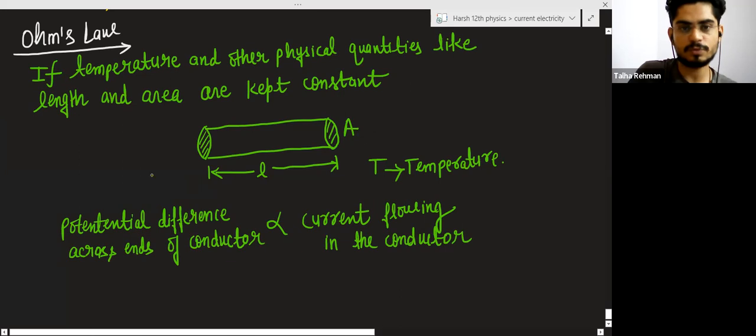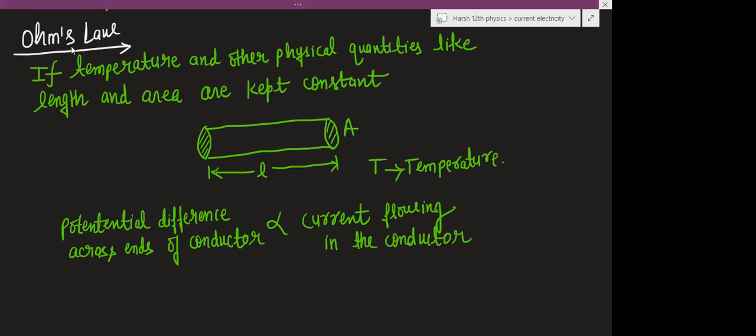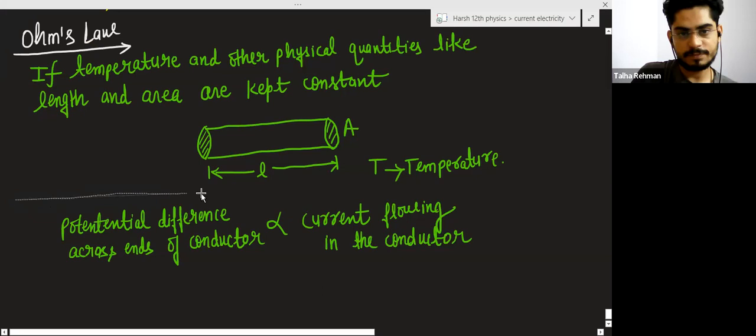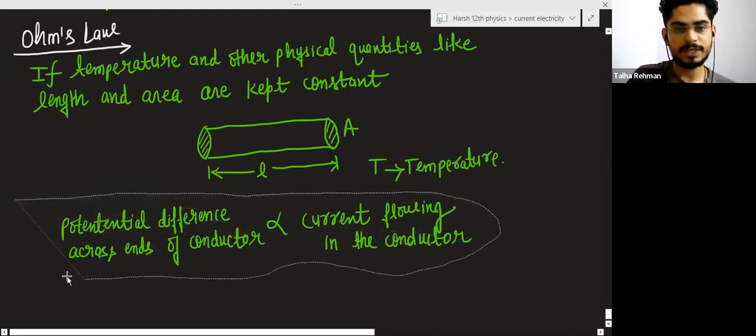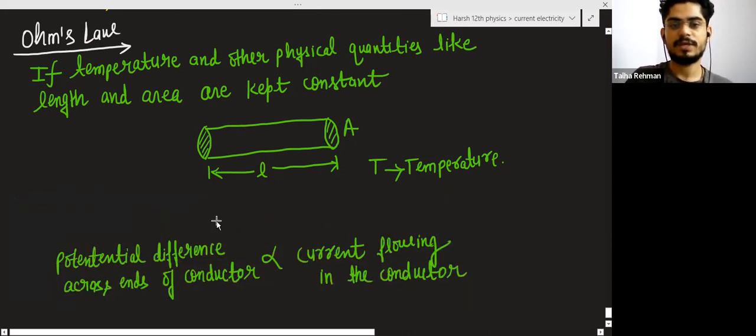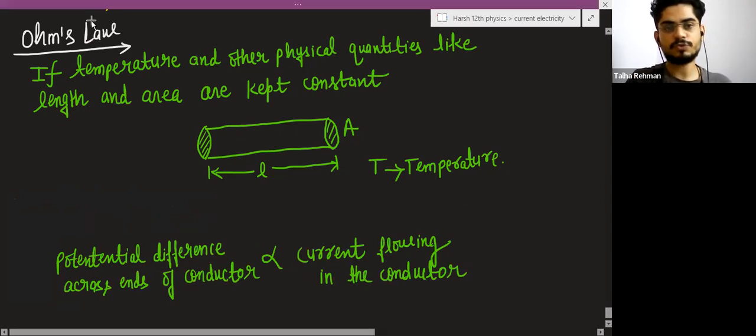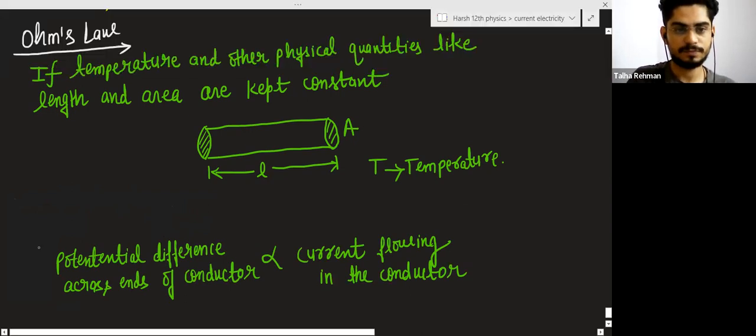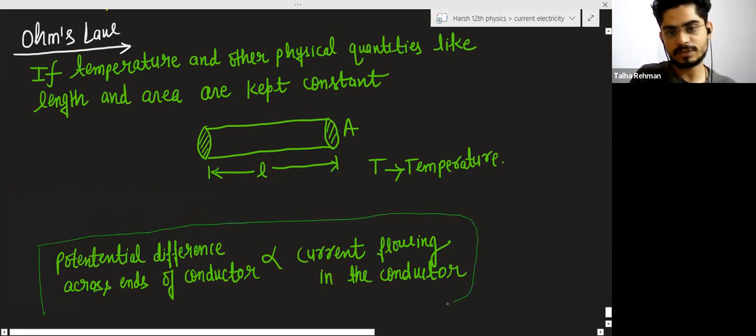From here to here is Ohm's law. If someone asks you what is Ohm's law, you will say: if the temperature and other physical quantities like length and area are kept constant, then potential difference is directly proportional to current. That is Ohm's law. And you cannot say potential difference is always directly proportional to current. So this whole thing is Ohm's law.